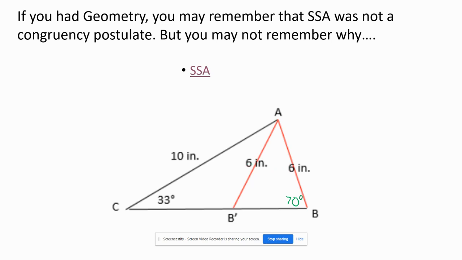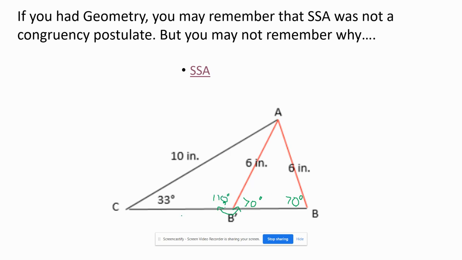If you remember from geometry, when those two sides are the same, then these two angles would also have to be the same. So you don't know whether this big triangle has an acute angle that's 70 degrees, or this shifted triangle over here has an obtuse angle. What is the relationship between these two angles? If this is 70 degrees, this here would be a straight angle, so this would be 110 degrees.